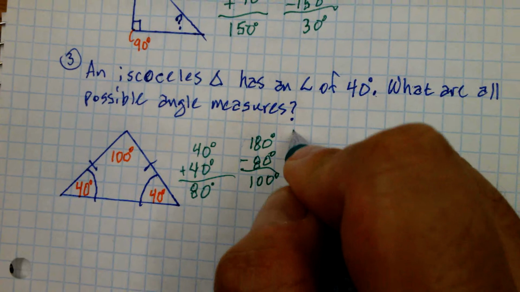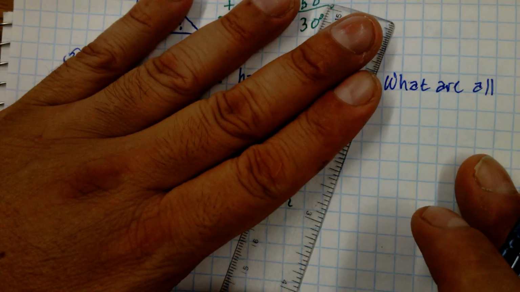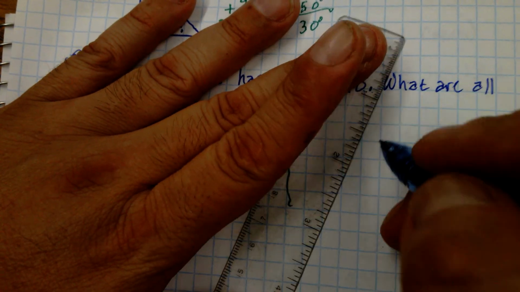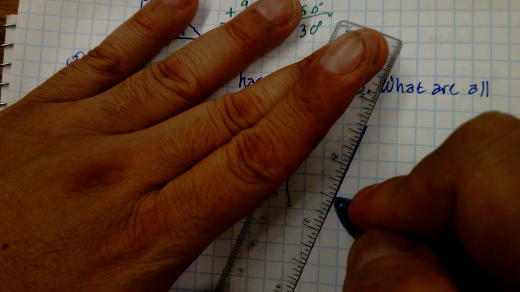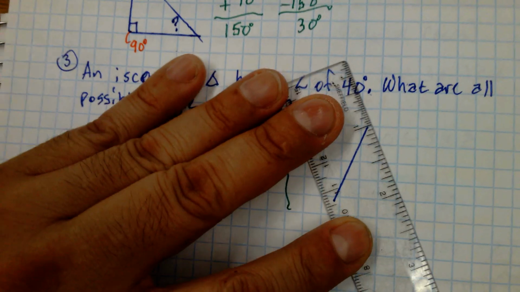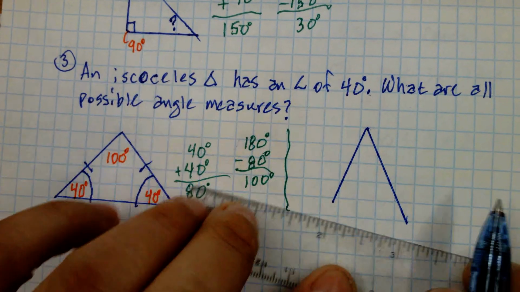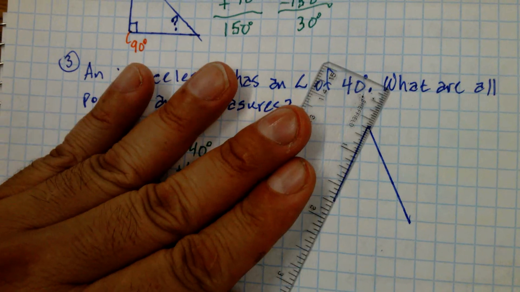The other possibility is where the 40 degree angle is the one that's not congruent. So I'm going to try to draw that. Oops, I went too far. I better extend this one, sorry.